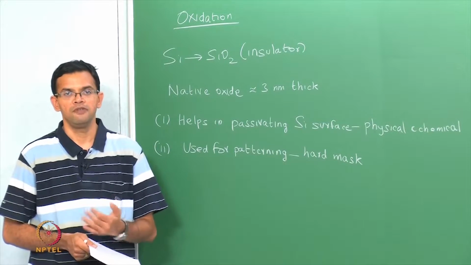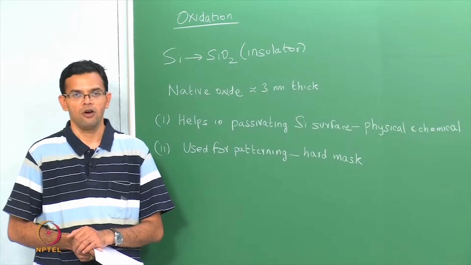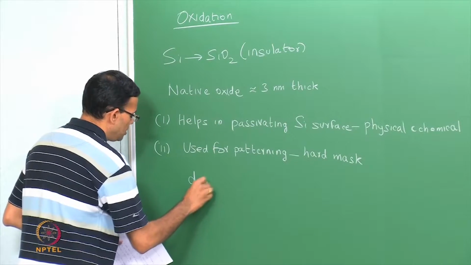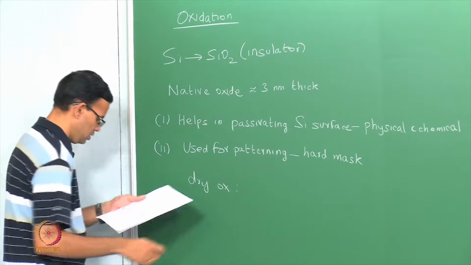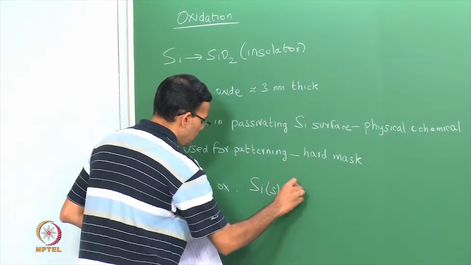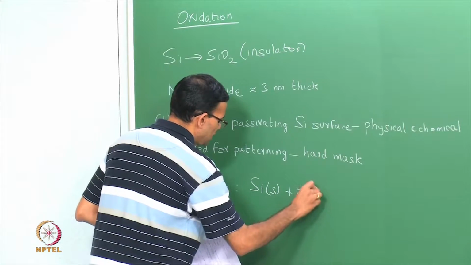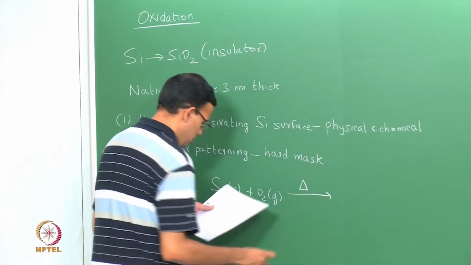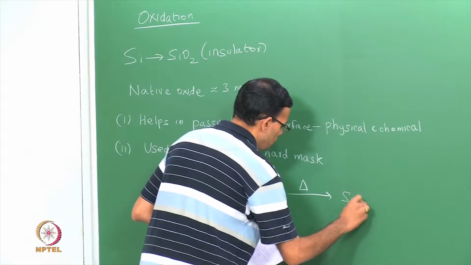We also saw briefly that there are 2 kinds of oxides that can be formed. The first one is dry ox. In this particular case, silicon reacts with oxygen gas, usually at high temperature, to form SiO2.